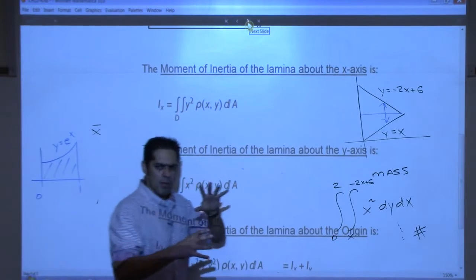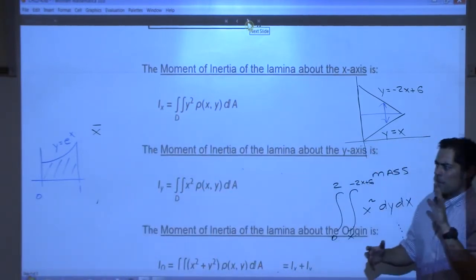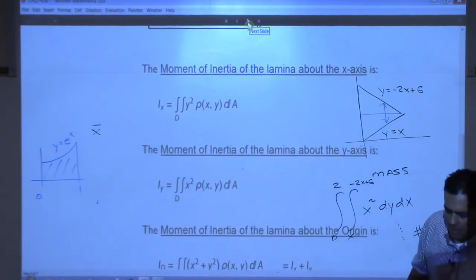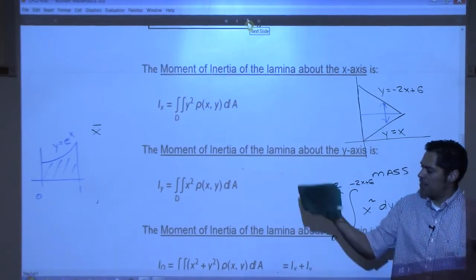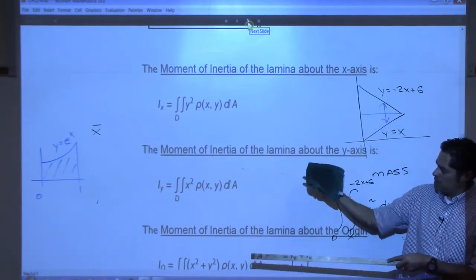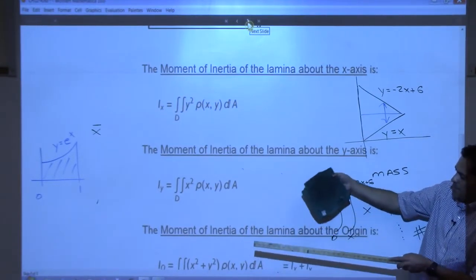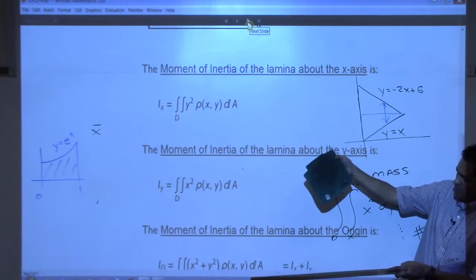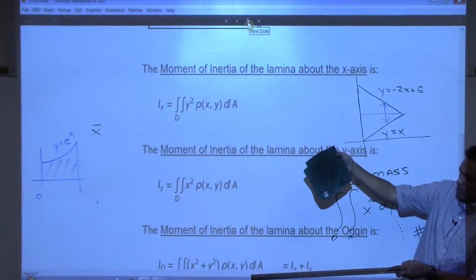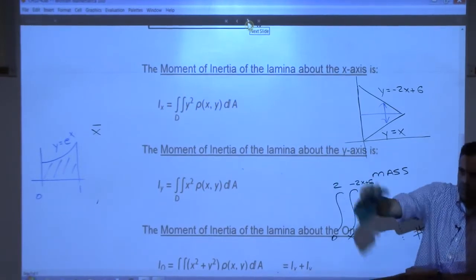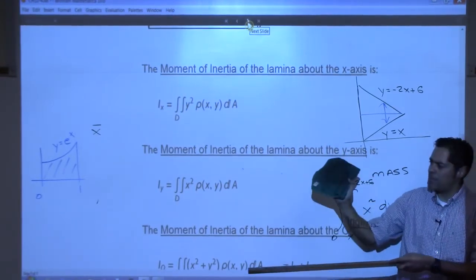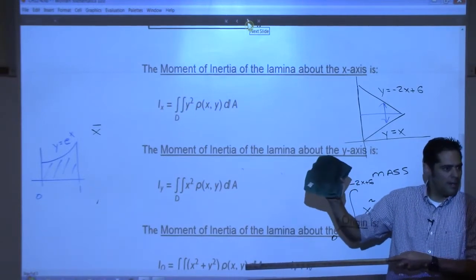Now, anyone know what the moment of inertia is? I'm sorry, I'm keeping you late. If I take this lamina, a flat sheet, it has a mass to it. And let's imagine that I want to take it and rotate it around the x-axis, 3-dimensionally, right? It has mass, so I have to push it, right?